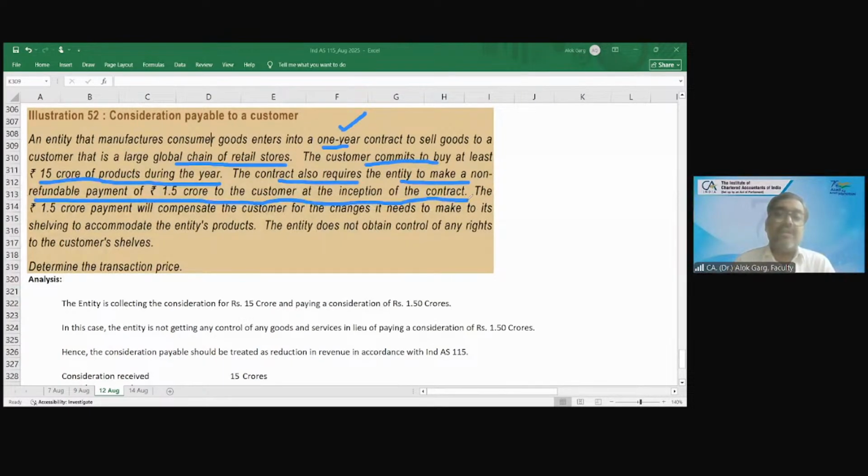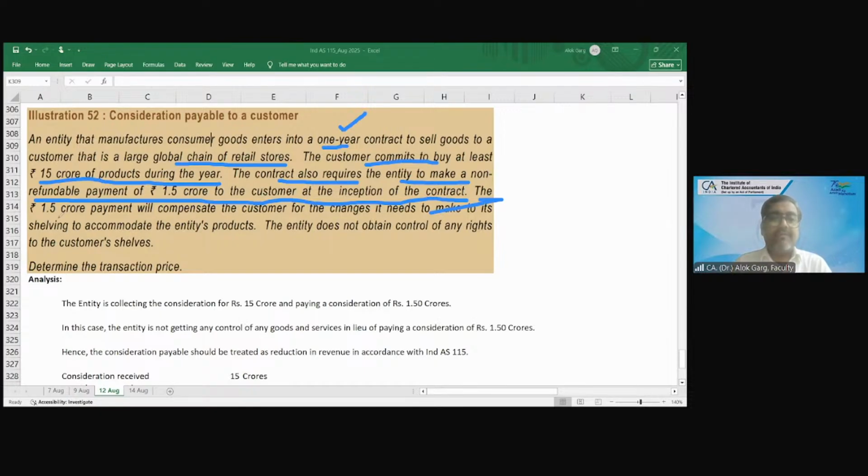What is the consideration payable to the customer? 1.5 crore. So this entity is collecting 15 crore and paying 1.5 crore. Now we need to see whether it is gross revenue and cost or net revenue. The next line will make it clear.